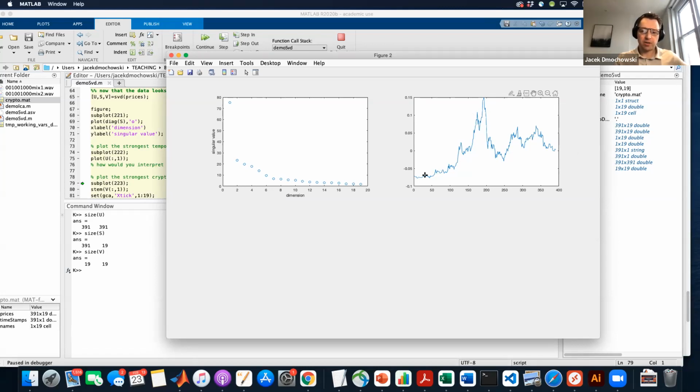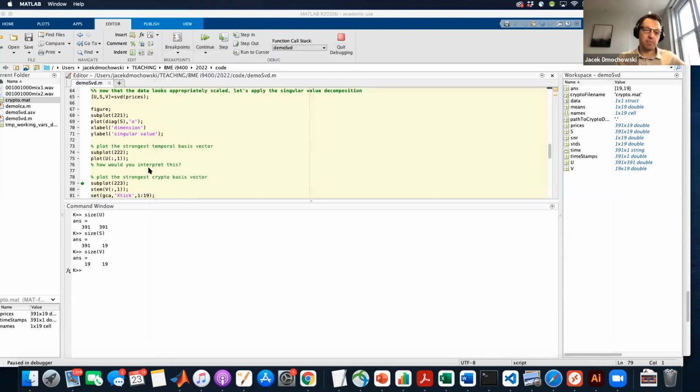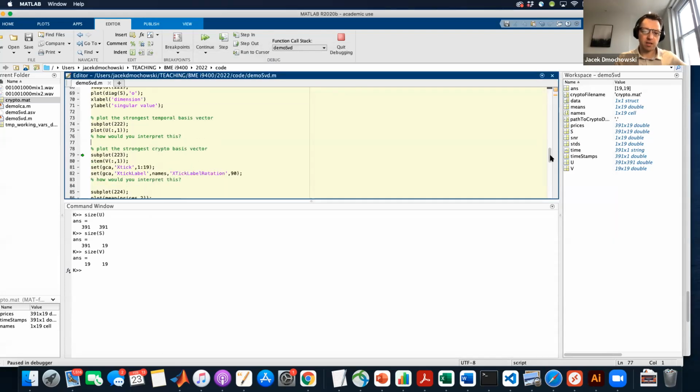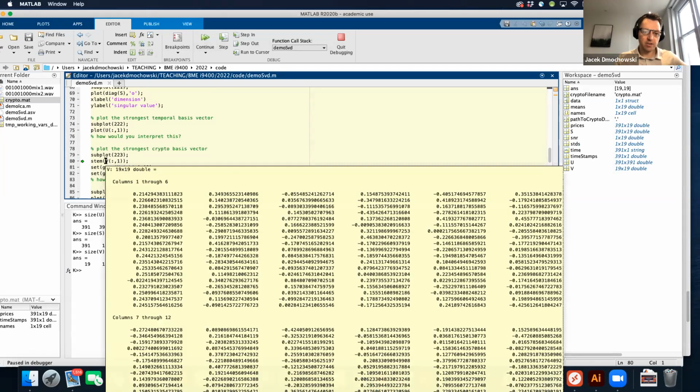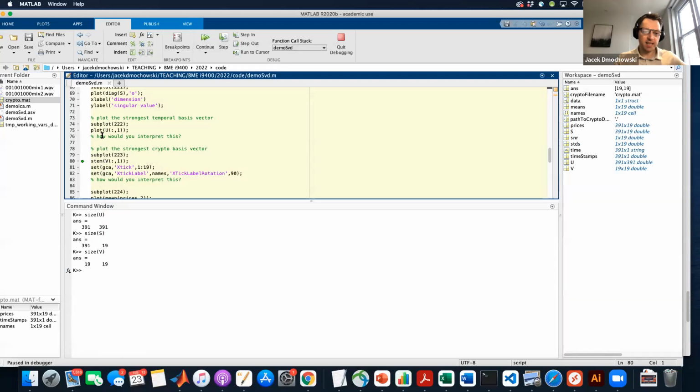Let me plot the corresponding v vector also, as a stem plot of the first column vector of v. Remember, v is 19 by 19, u is 391 by 391. I told you that u was the temporal basis and v was the cryptocurrency basis.